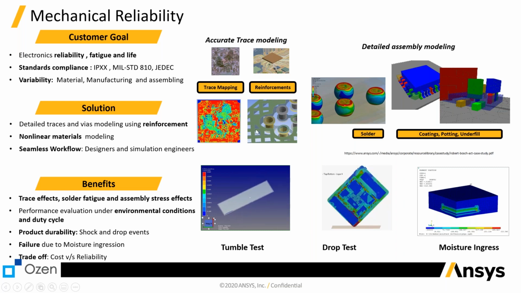And in this webinar, we are going to talk about how we can take into account all these details in our models. Details being these traces, as well as coatings, underfill, because they all play a role. They either enhance or decrease the fatigue life.